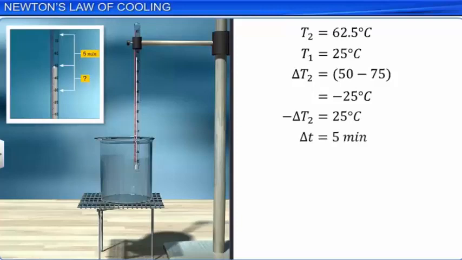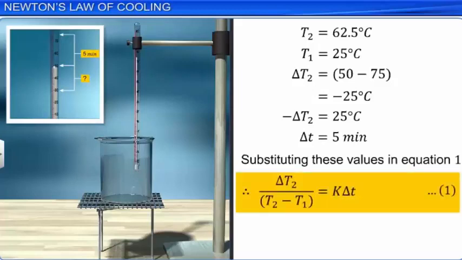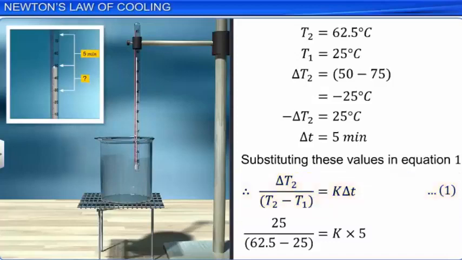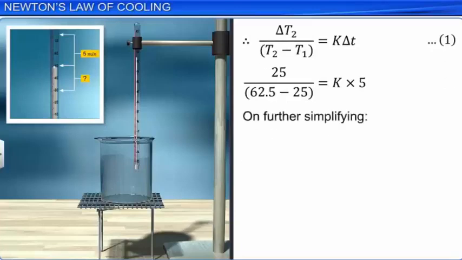Substituting these values in equation 1, we get 25 by 62.5 minus 25 is equal to K into 5. On further simplifying, we get K is equal to 5 by 37.5.